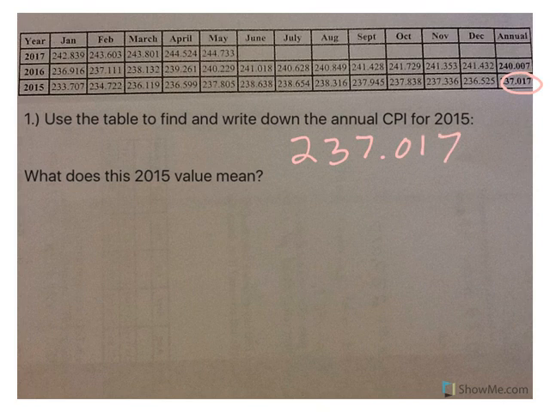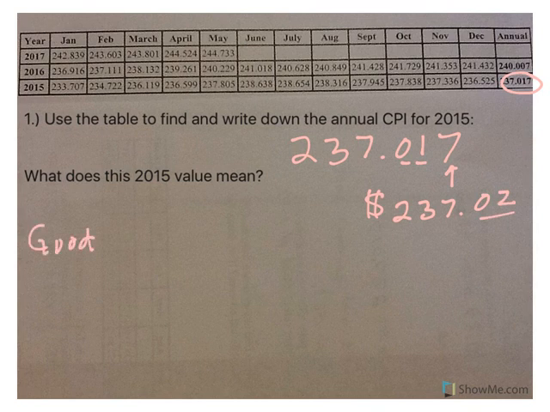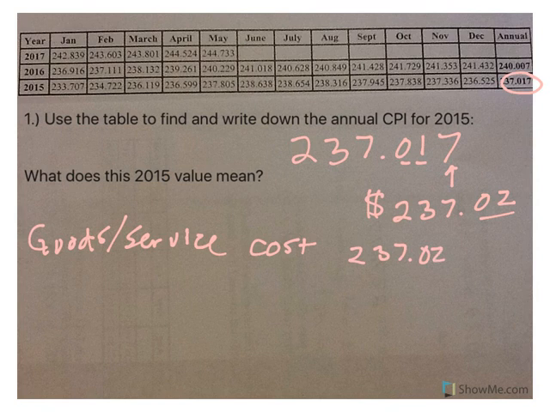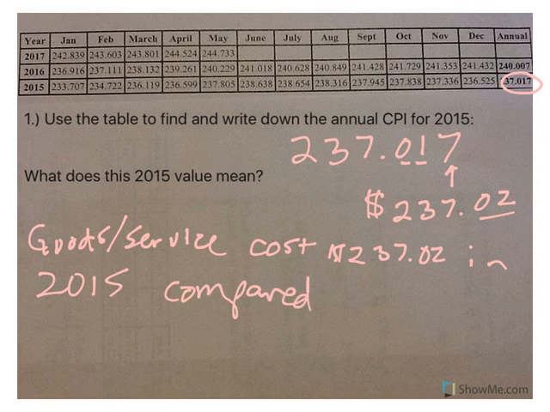237.017. And what does this value mean? Well, if we turn this to dollar amount, which means 2 decimal places, 7 rounds up, this kind of represents 237.02. So that means a basket of goods and services, right? The goods and services represented by this would cost 237.02 in the year 2015 compared to any other year.